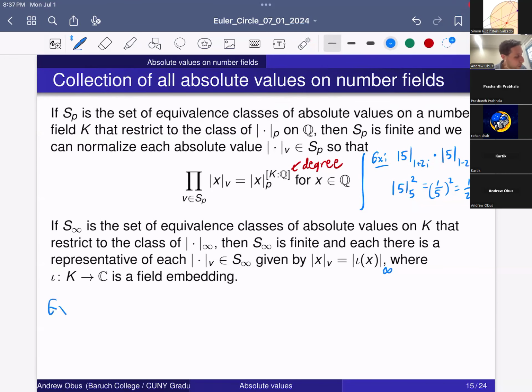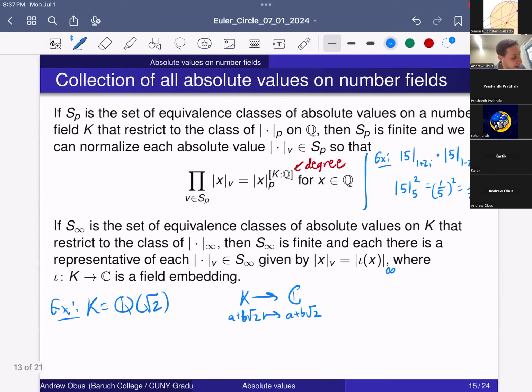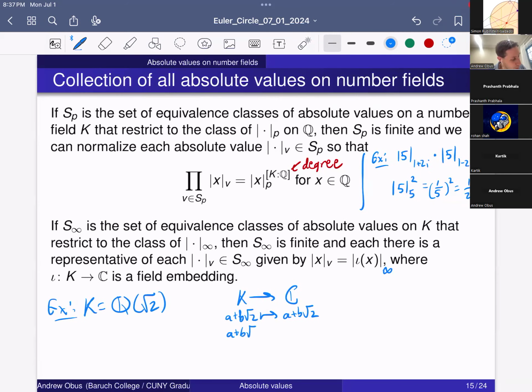So for our example that we had before, K was Q adjoin square root of 2, and then it turns out that you have two embeddings from K to C, right? You can have that A plus B root 2 just maps to A plus B root 2. It's kind of the identity embedding. And then you can have that A plus B root 2 maps to A minus B root 2. Okay?